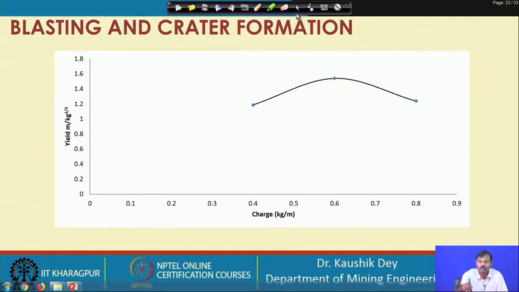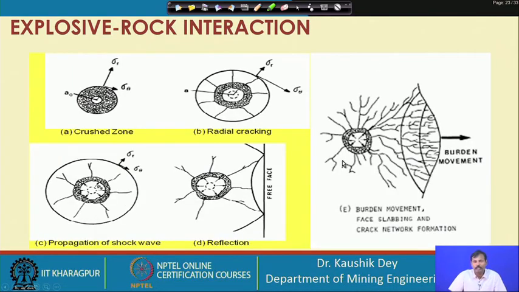So, this is basically the experimentation for understanding the explosive rock interaction, so that based on the quantity of the rock we can set our charge requirement in a blast hole.